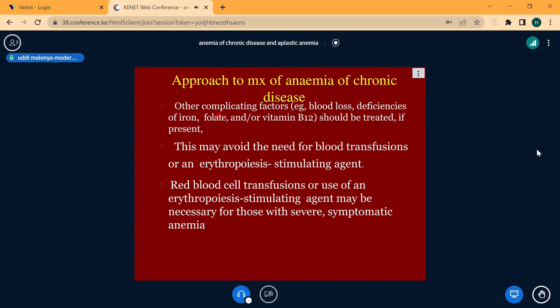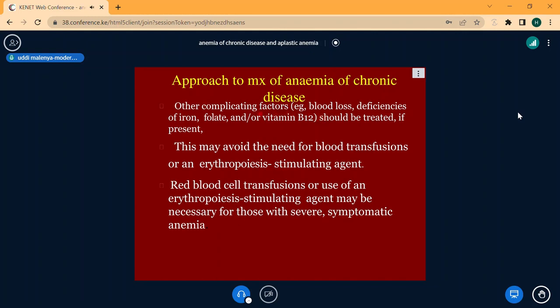Then you may end up giving a patient the supplements, okay? Of course, blood loss should be treated, and you need to establish where that blood loss is coming from. We need to ensure that the blood loss does not continue. If there's a deficiency of iron and folate, that needs to be sorted out.